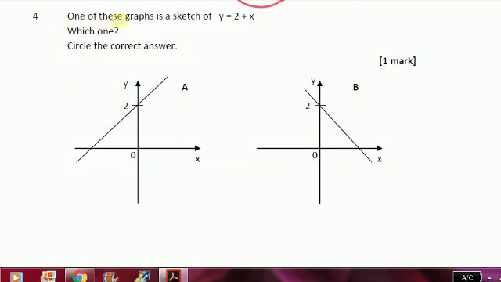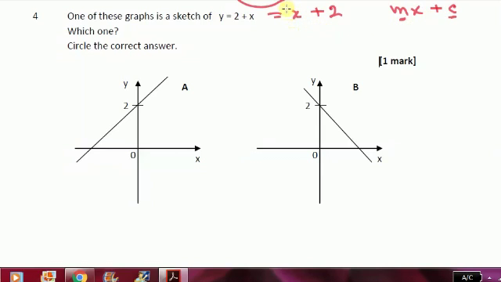Question 4. One of these graphs is a sketch of y equals 2 plus x. Which one? Circle the correct answer. Probably easier to think of it as y equals x plus 2, because we're more used to having the x at the beginning, in which case we compare that with y equals mx plus c, where m is the gradient and c is the y-intercept.